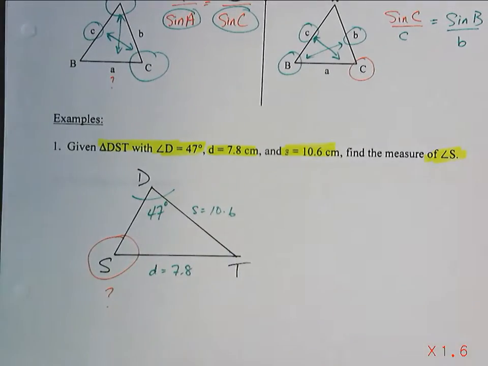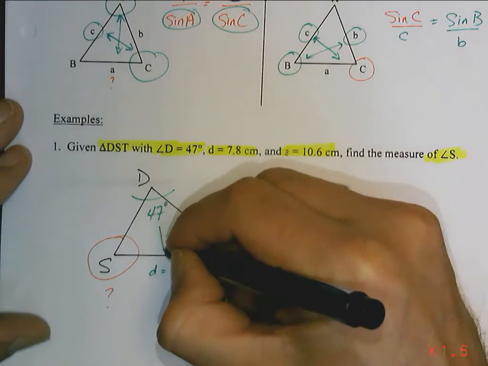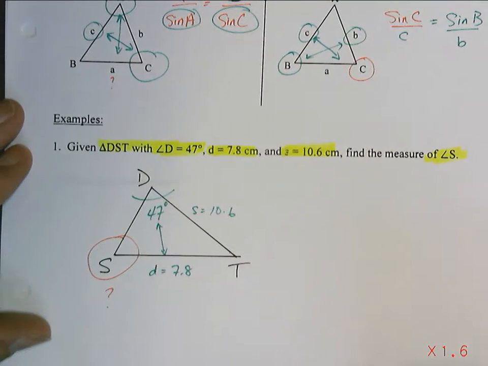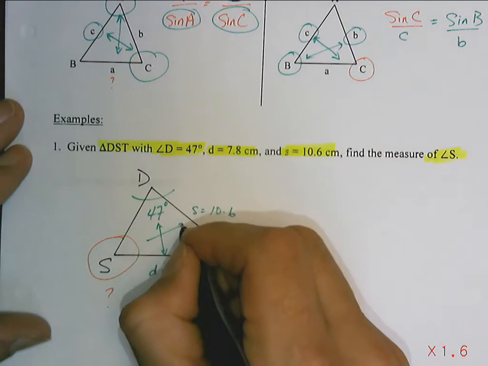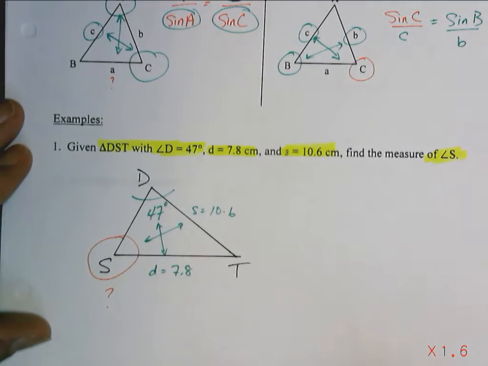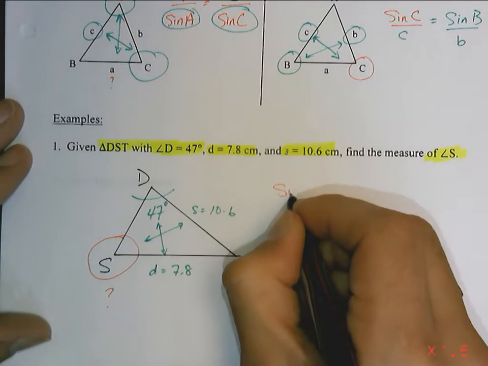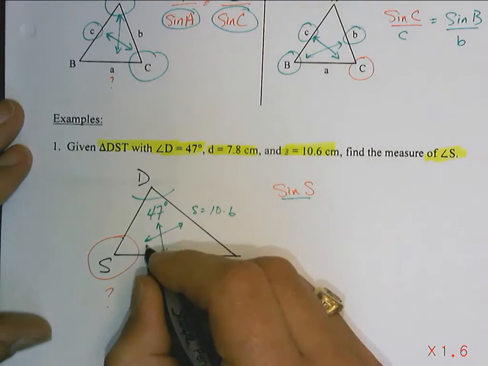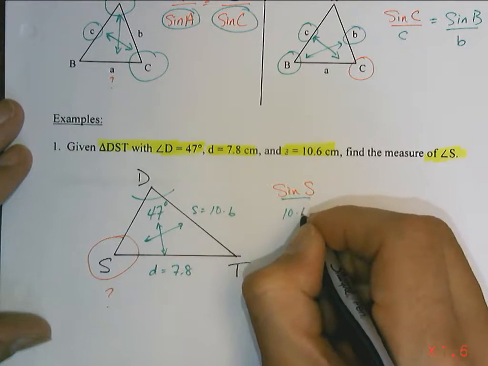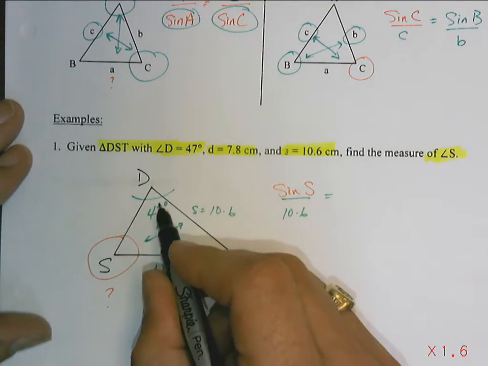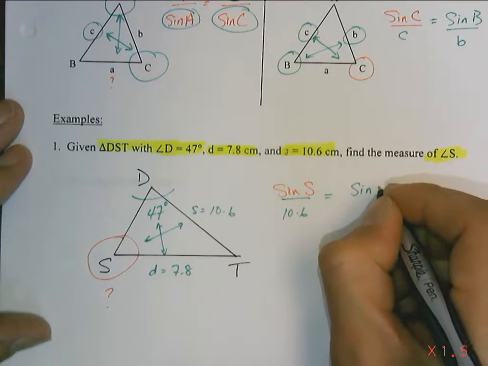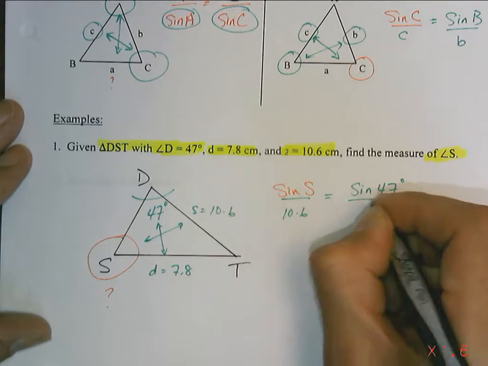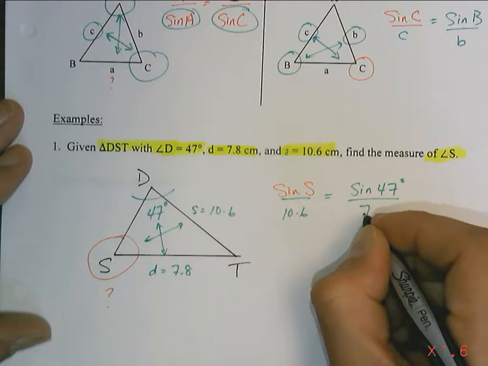So, let's see what we've got. I see that I have the sine law pattern setting up here, and I can use it. So the sine of S over the side length opposite it equals the sine of 47 over the side length opposite it.